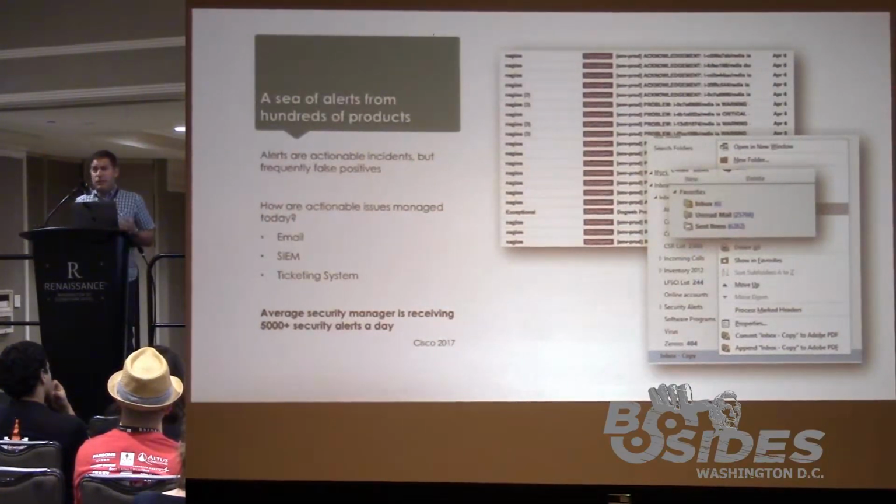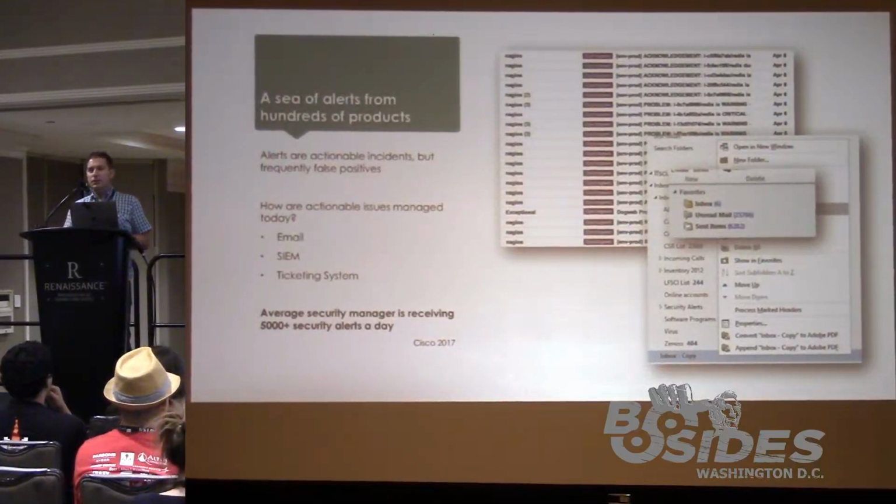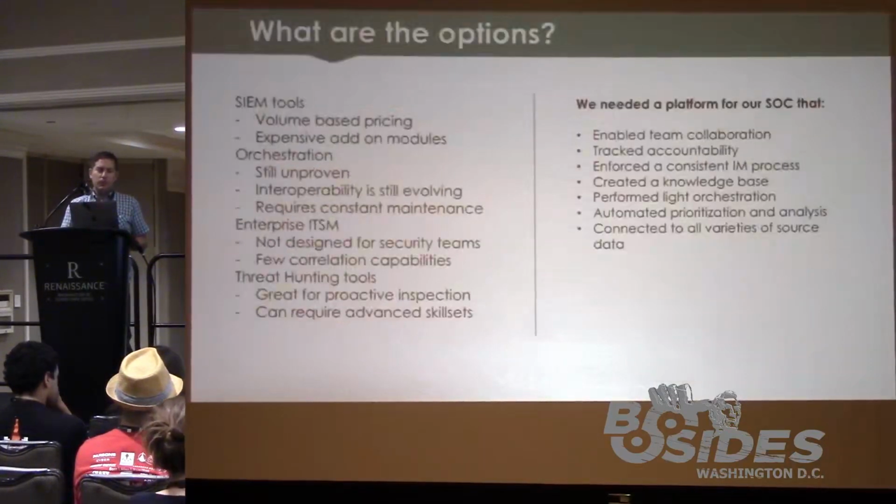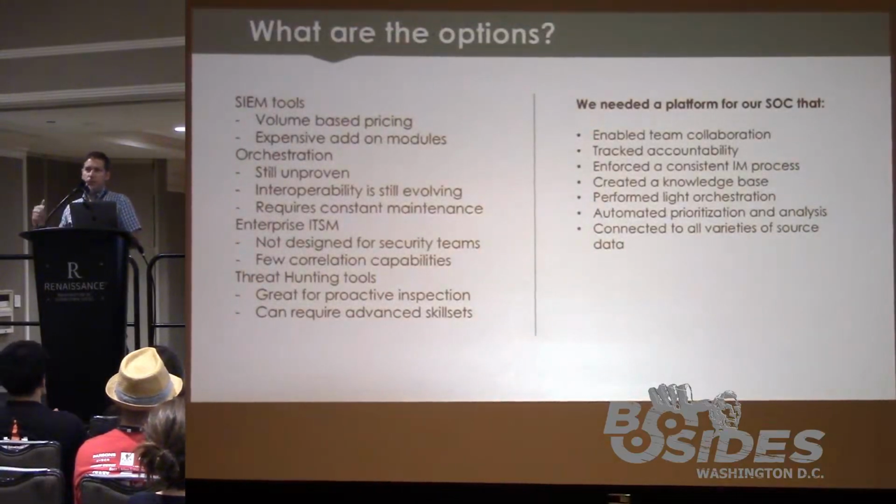Ticketing systems obviously are a complete failure, because the second you get anything high volume, you have to wipe everything out anyway. It's completely unactionable. So with the volume of issues that all of us see every day, how are we able to deal with this in a consistent manner that enforces some set of policy and control? In our organization, as an MSSP, we're trying to face this from not just one organization, but every organization we work for.